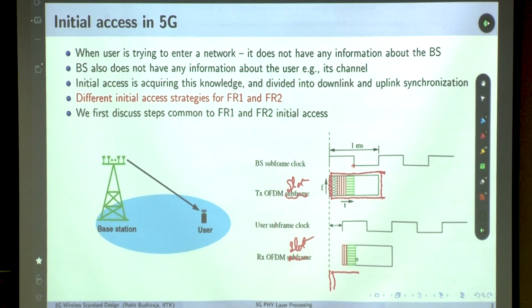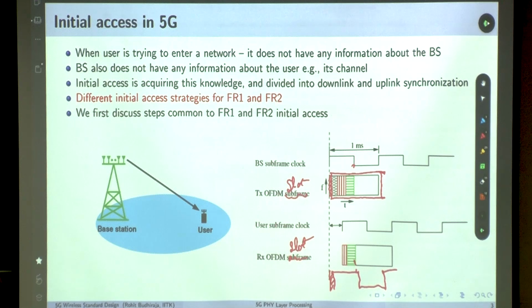I'm talking about this delay. This will be its definition of 1 millisecond, but it's fine because the signal is being received with this delay, which is the time it takes for the signal to reach from transmitter to receiver.